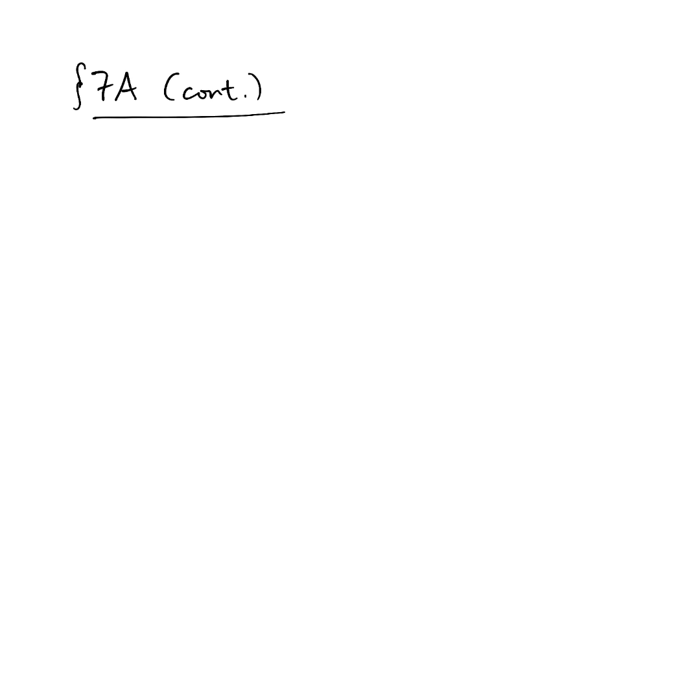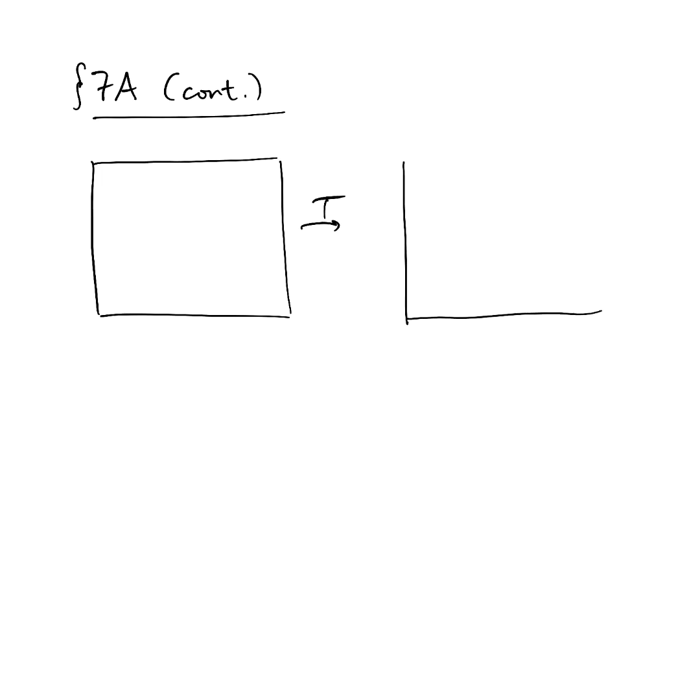Let's get started. So far in 7a, we have considered this situation where you've got an inner product space and a map T that takes inputs from that inner product space and produces outputs in that inner product space, and you can always form what's called the adjoint to that map.